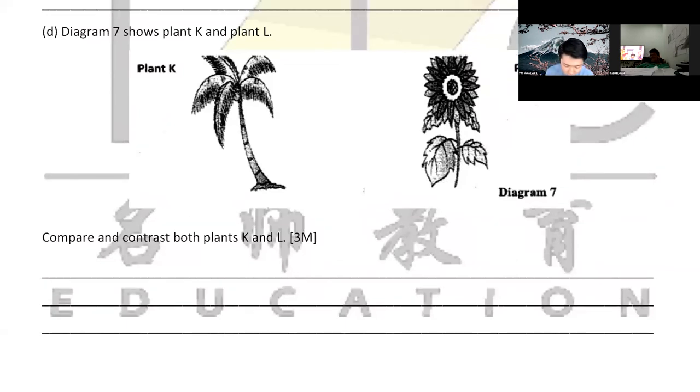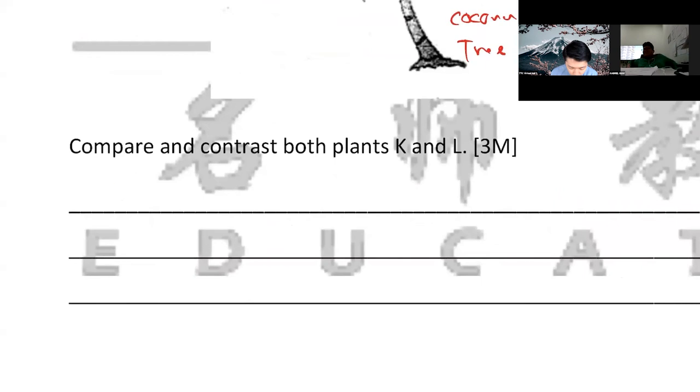Okay, so K, this is coconut. Okay, this is coconut 3. This is sunflower. Okay, first thing first, compare and contrast both plants of K and L, right? So I think since we have 3 marks, we need to have 1 similarity and 2 differences.